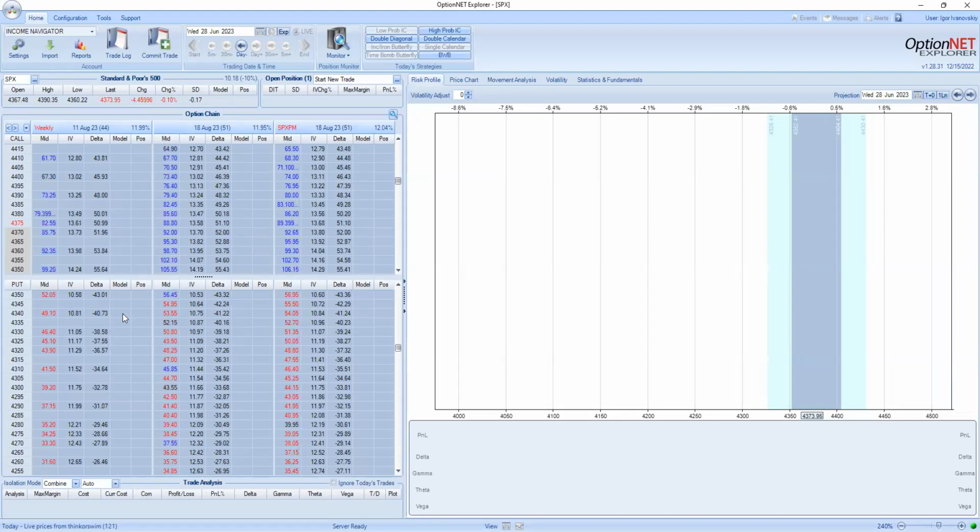Say you want to pay only $3 debit. Well, this put debit spread is going to be so far out of the money that in an uptrending market, there's a very low probability that the price will ever get to that put debit spread, meaning you will rarely catch price inside of the bear trap.